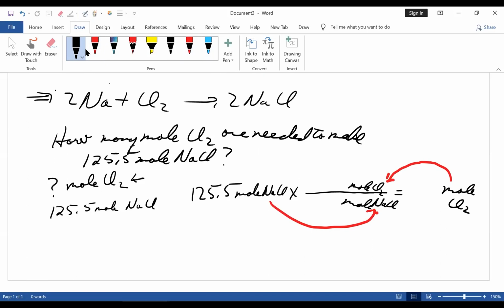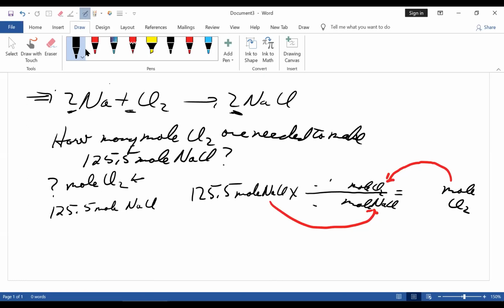And where do I get these numbers? I come over here and look at the balanced chemical equation. And this tells me 2 moles of sodium react when there's no number, it's the number 1, 1 mole of chlorine to make 2 moles of sodium chloride. Again, 2 moles sodium react with 1 mole of chlorine to make 2 moles of sodium chloride.